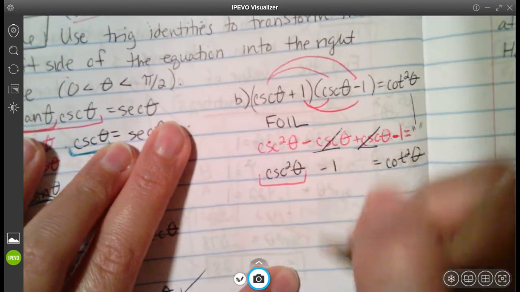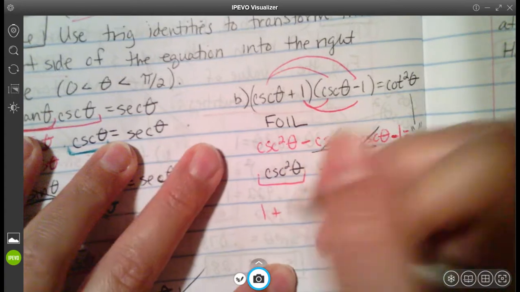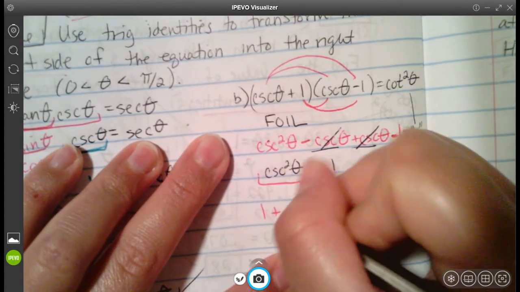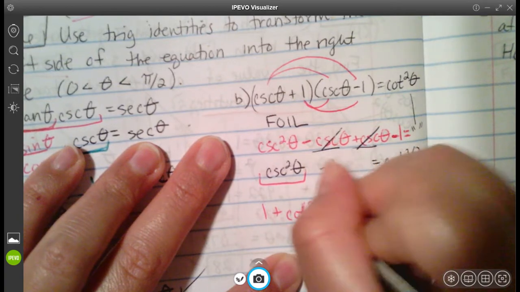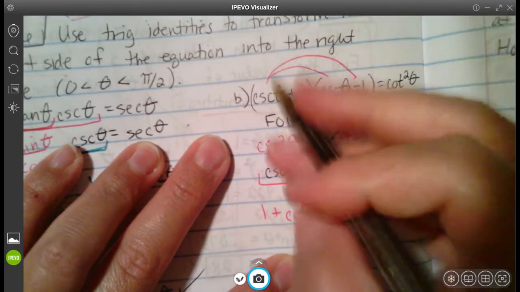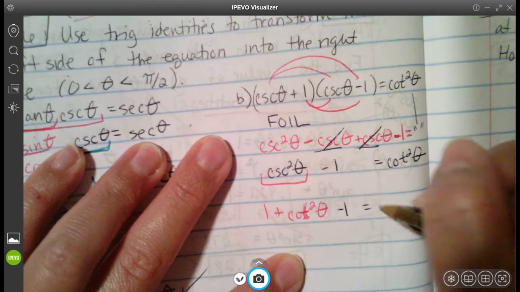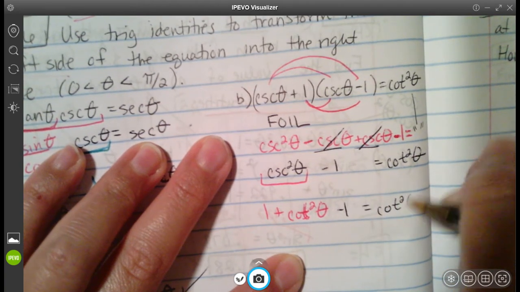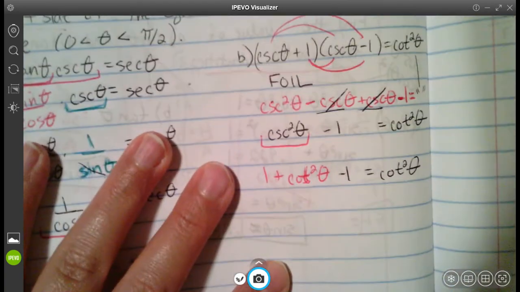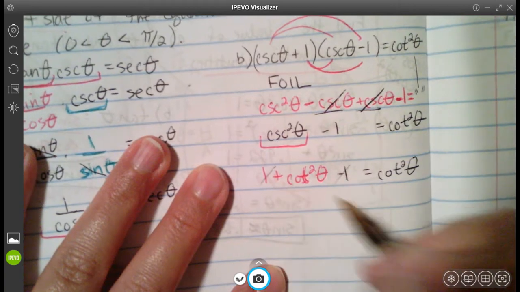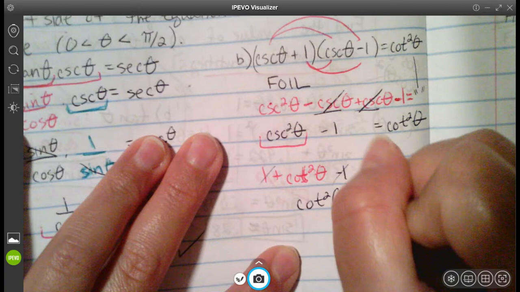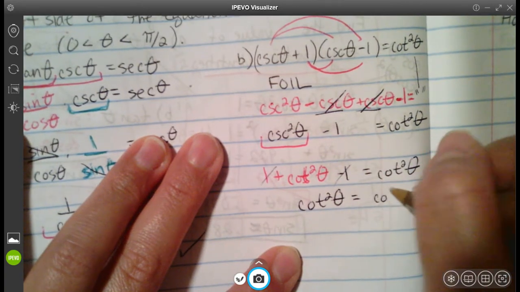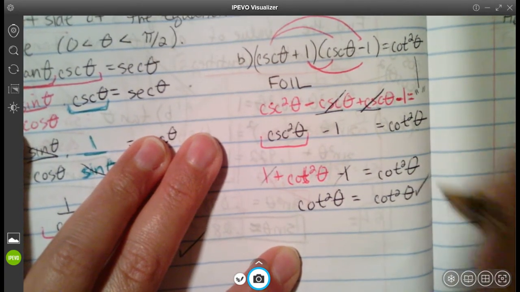I'm going to replace this one with 1 plus cotangent squared theta. There we go. Bring down everything else. Minus 1 equals cotangent squared theta. And then we can see that the 1 and the minus 1 can give me a 0. So I'm left with cotangent squared theta is equal to cotangent squared theta.